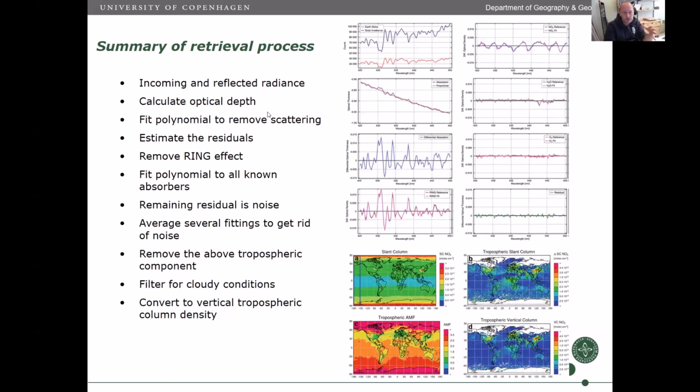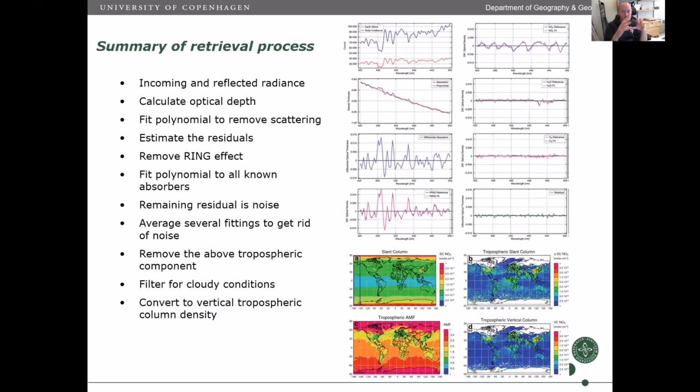But first, we need to remove the problems with scattering, and this is done by simply fitting a trend over the entire wavelength spectrum. Then we remove this, and what we get is the fingerprint of the absorption of each wavelength between 425 and 450 nanometers.